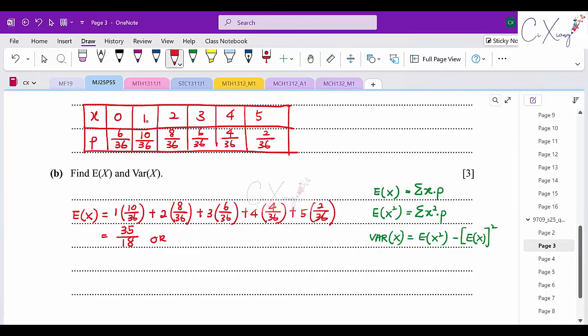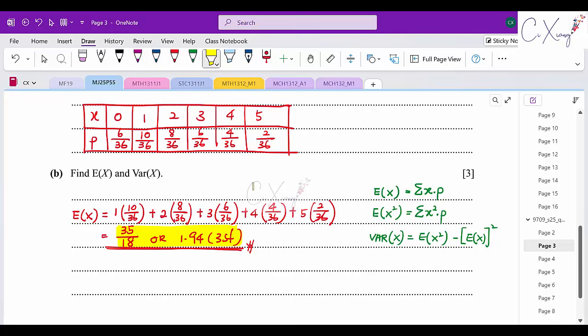Or if you want 3 significant figures, it should be 1.94. Personally, I prefer the fraction form, because later I'm going to use it in calculating the variance also. So the fraction is important.